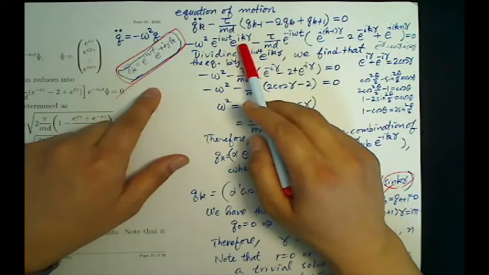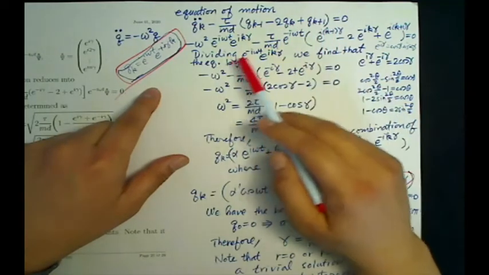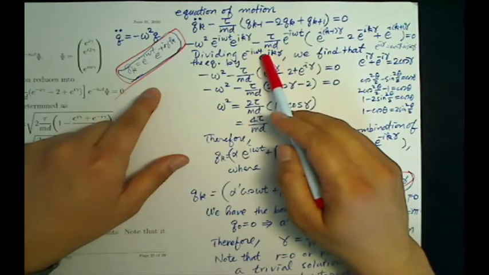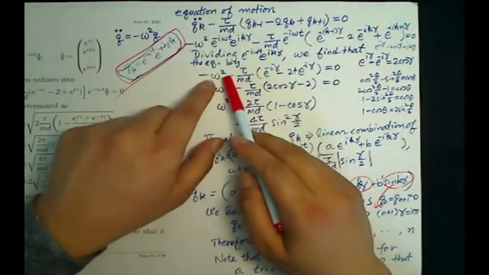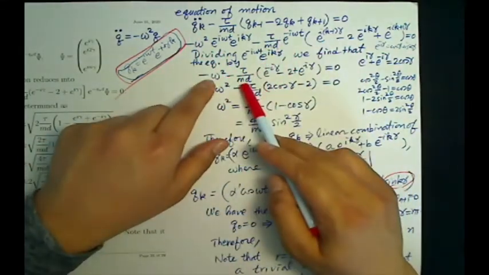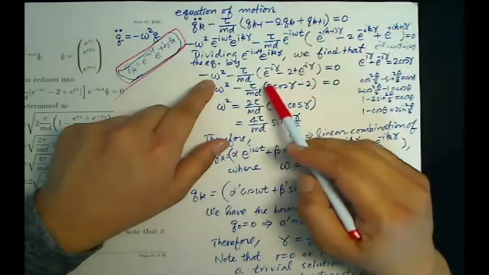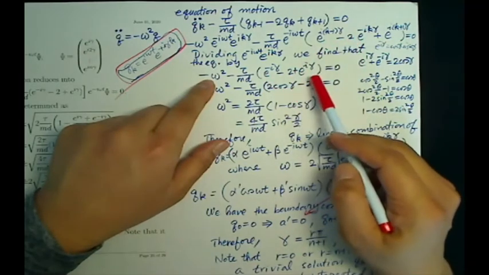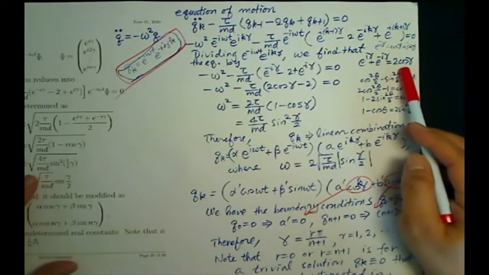Only the k dependence appears in q k minus 1, q k, and q k plus 1. If we factor out e to the ikr and e to the i omega t and divide, it becomes minus omega squared, and tau over md, with the change of replacing k with 0. Then we have e to the minus i gamma minus 2 plus e to the i gamma. This sum is replaced with 2 times cosine gamma.